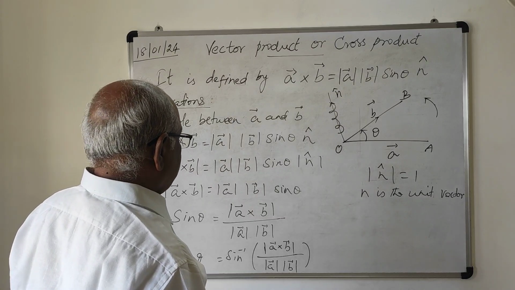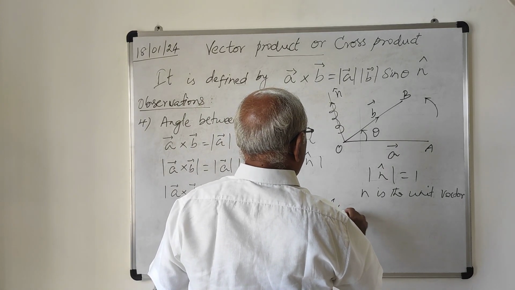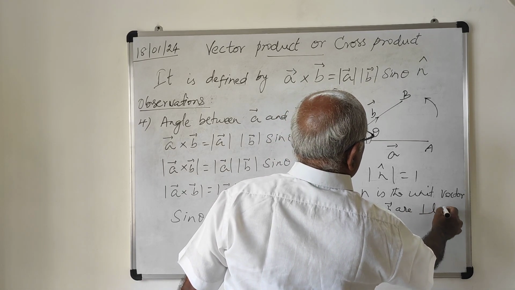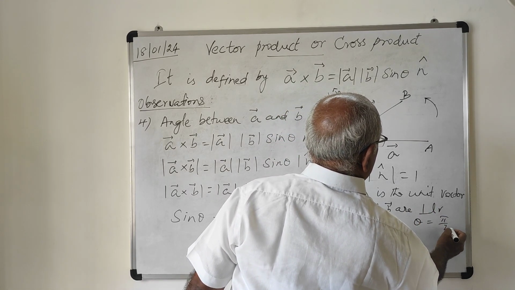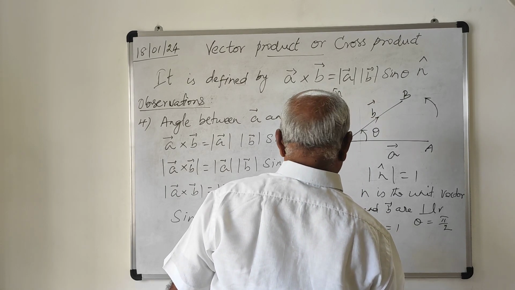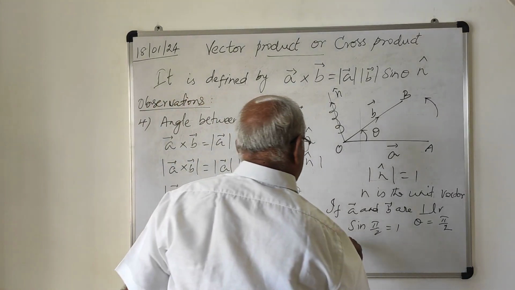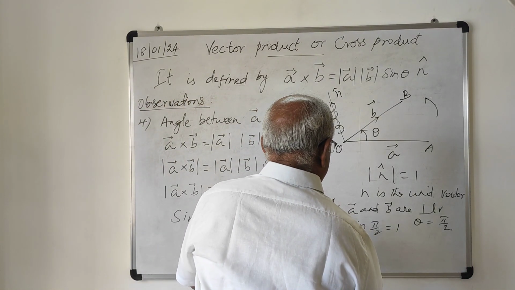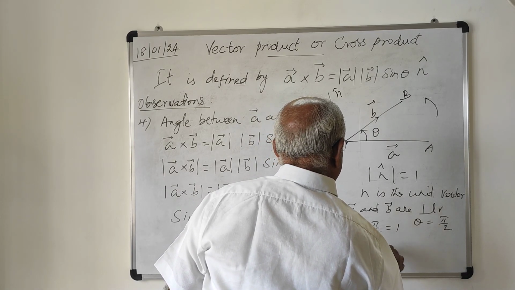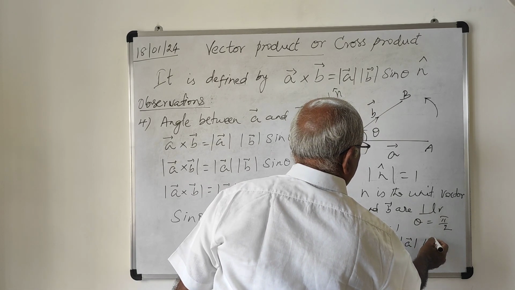Suppose theta is 90 degree. If A and B are perpendicular, theta is 90 degree, pi by 2. What is sin 90? Sin pi by 2 is equal to 1. Therefore, mod of A cross B equal to mod of A into mod of B. If theta is 90 degree, this is the result.